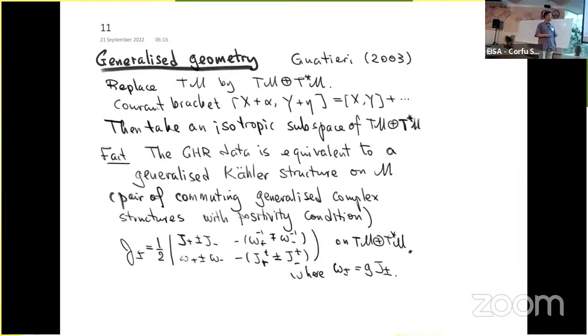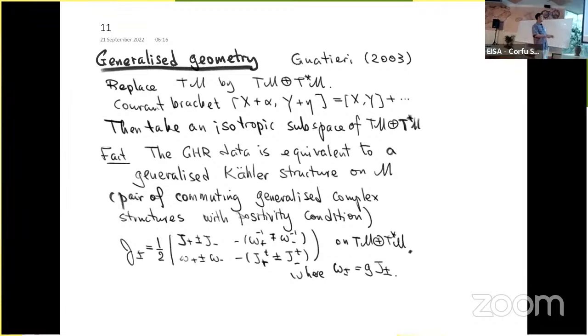And of course, the bracket is changed, and the notion of tangent vector is also changed. So generalized geometry doesn't make our coordinates non-commutative, but it changes the notion of directions, namely tangent vectors.